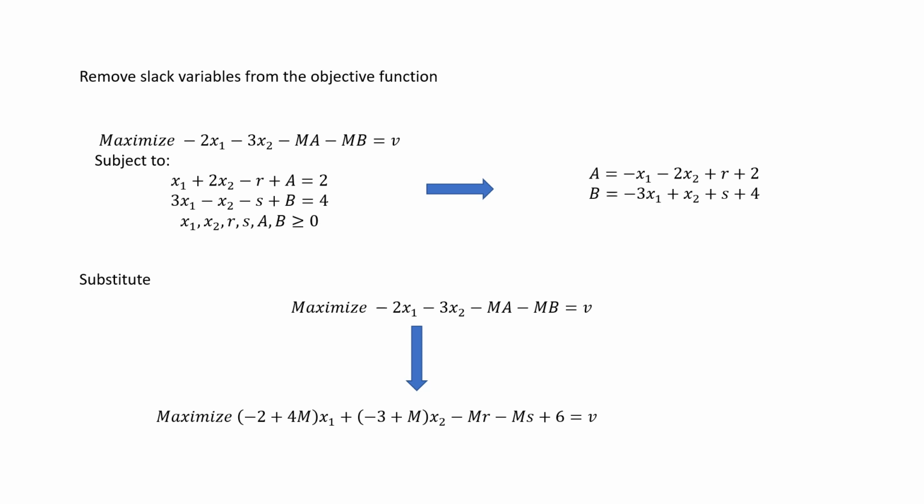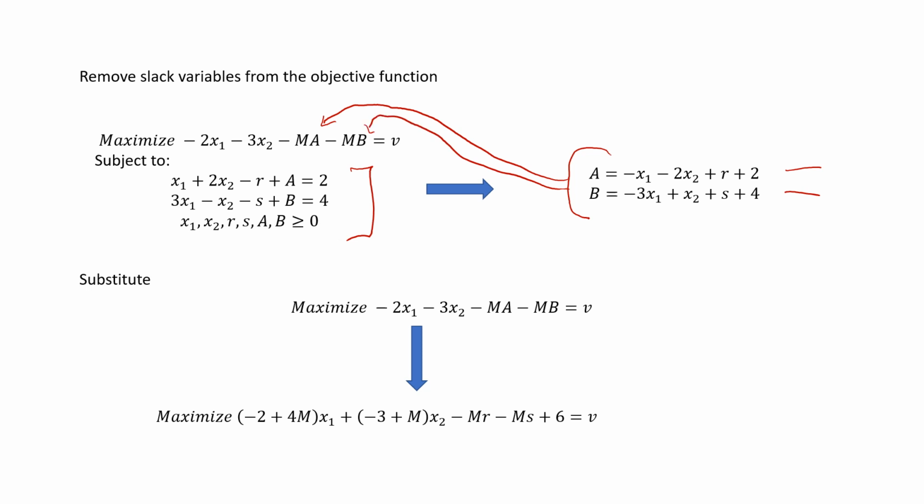So how do we remove those variables from our objective function? Well, if you look at our constraints, now that we've added in the artificial variables, those are equalities. So we can rewrite them, in this case, as a equals something and b equals something. And we just take that a and b and substitute it in for where you see the a and b in your objective function.